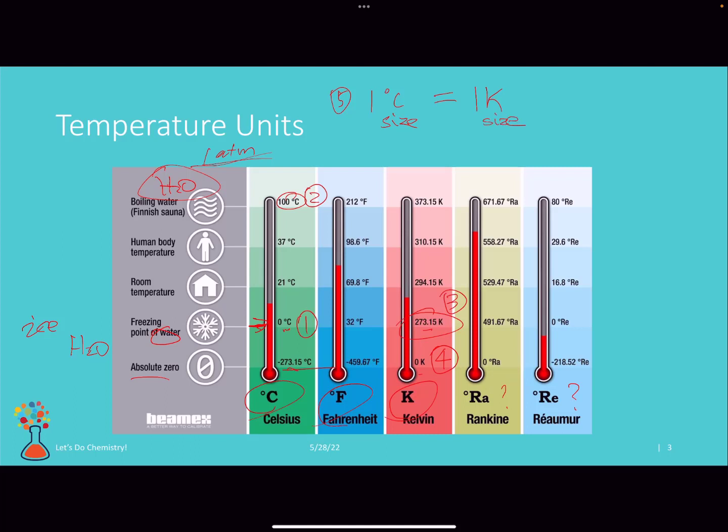Please don't get confused: 1 degree equals 1 Kelvin only in terms of the size or the change. So these are five very important things we need to memorize. Unfortunately, we need to memorize this.